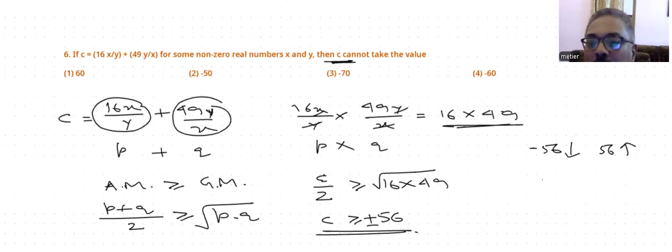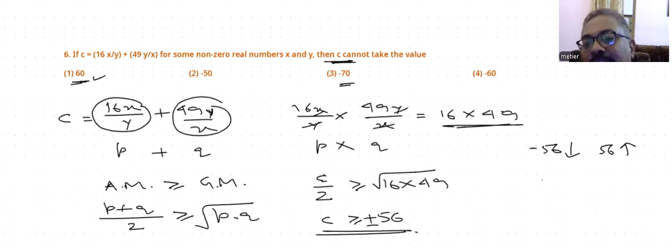Just have a look at the options. First number is 60. Option checking, right? Third technique, I think. Option checking. 60 greater than 56 is required. So 60 is greater than 56, so it is possible. Minus 70. In negative, higher is lower, or lower is higher.